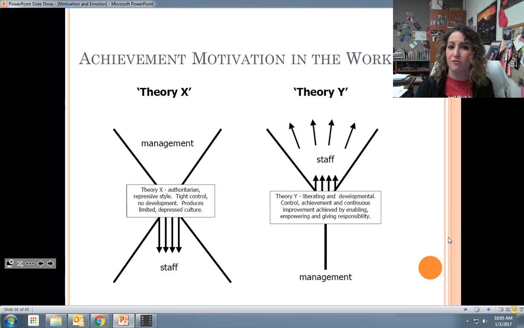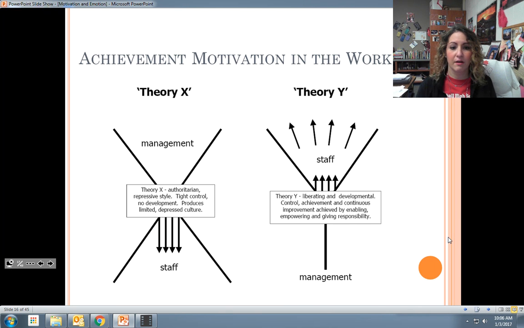Okay, so speaking of work motivation and doing something for a paycheck versus actual love, I don't know where this fits anywhere else besides talking about what type of management you are working for in the workforce, whether your manager is using Theory X management or Theory Y management. Theory X, here you see, is authoritarian, repressive, tight control.